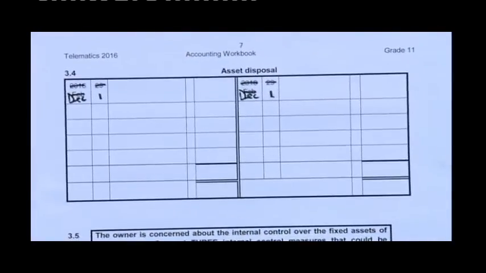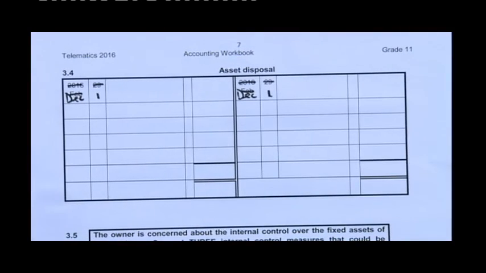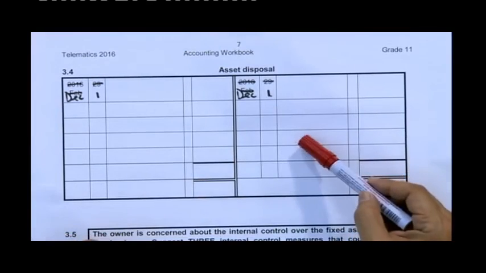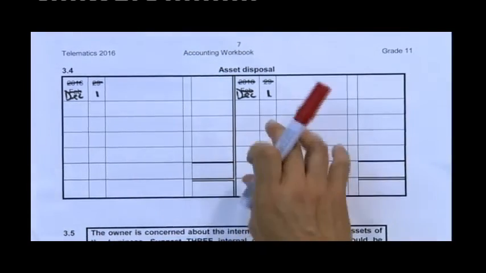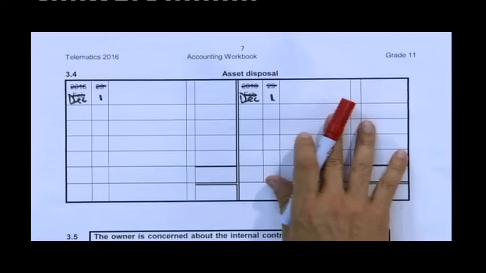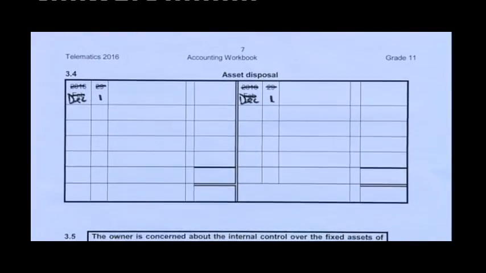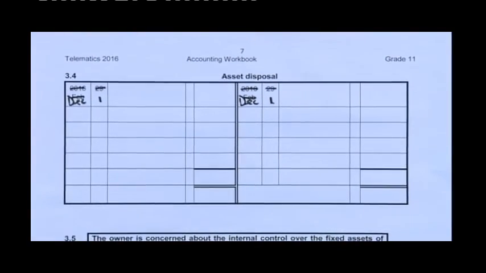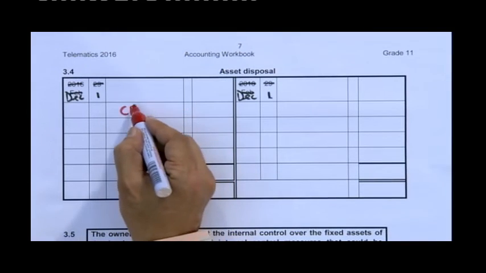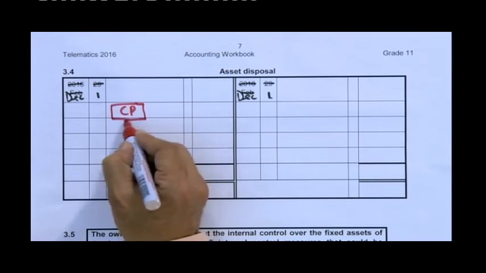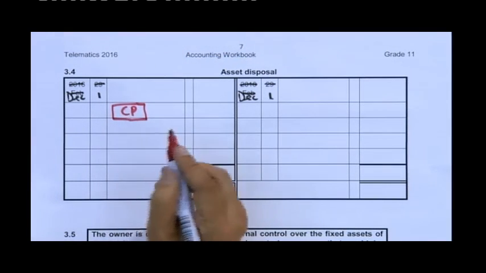So the main idea of drawing up the asset disposal account is to determine the profit or the loss on sale of asset. Now most of this information you can find in your fixed asset note. But especially on the debit side, for example, we're going to have the cost price of the item that was sold, be it vehicles or equipment.